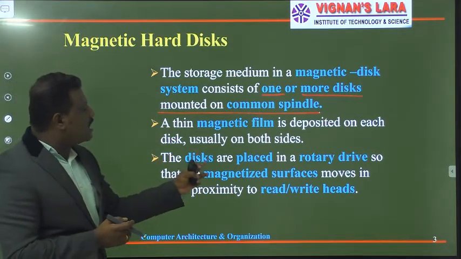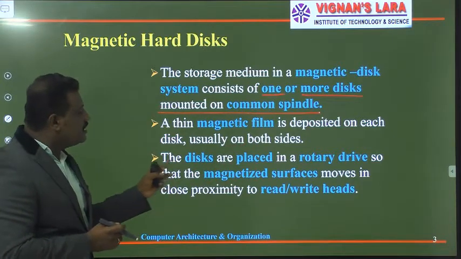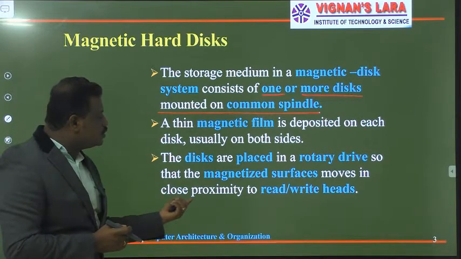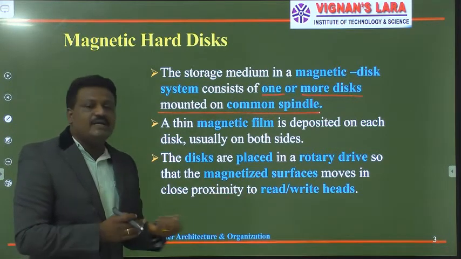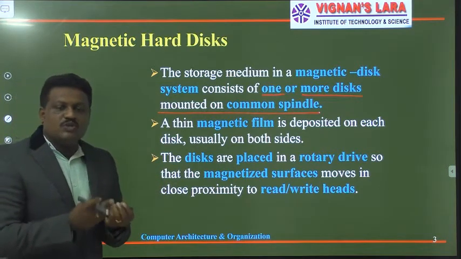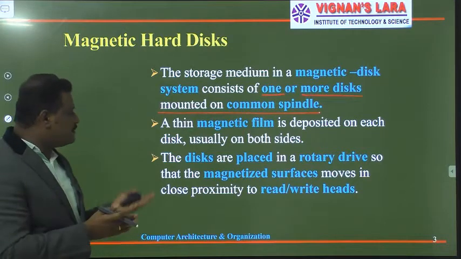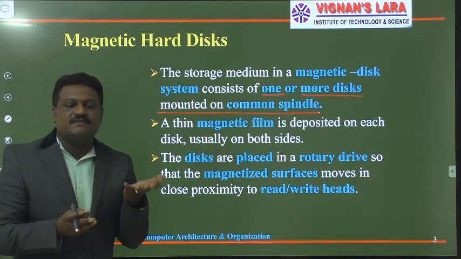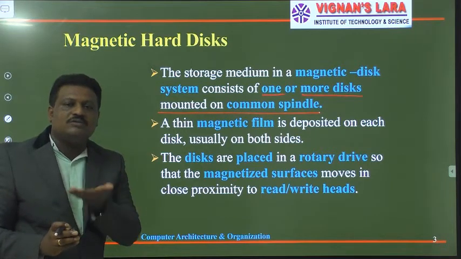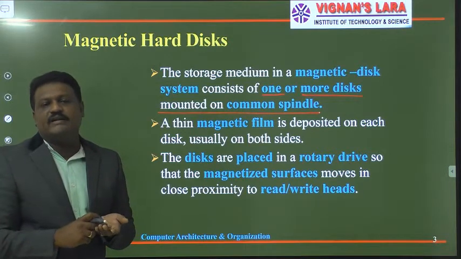The disks are placed in a rotary drive so that the magnetized surfaces move in close proximity to the read-write heads. So what is the meaning of this? Once you insert our disk in a disk drive, the magnetized surface of the disk is rotated nearer to the read-write head.